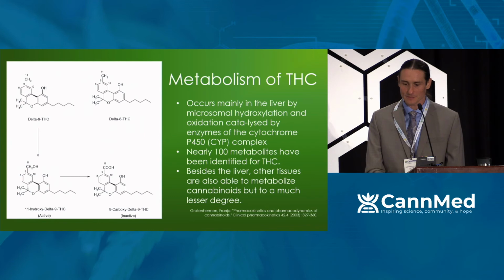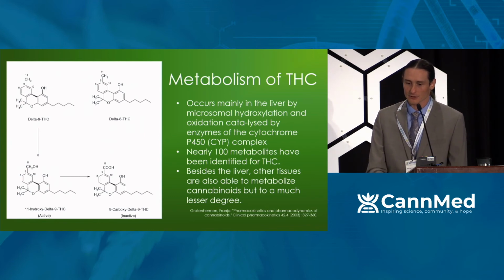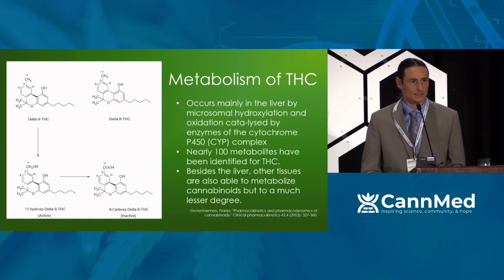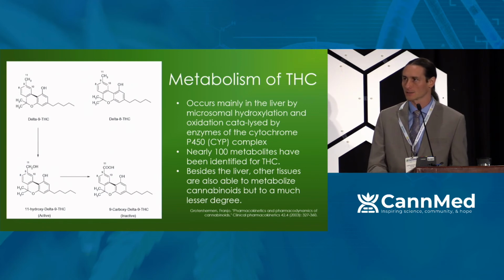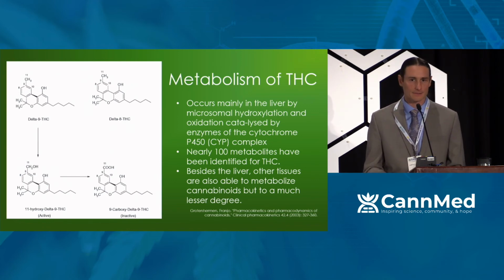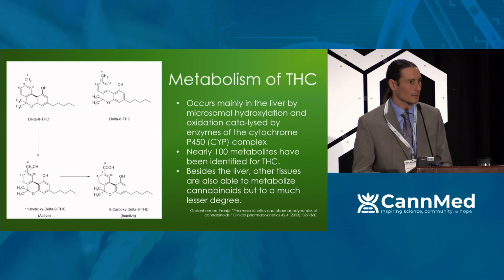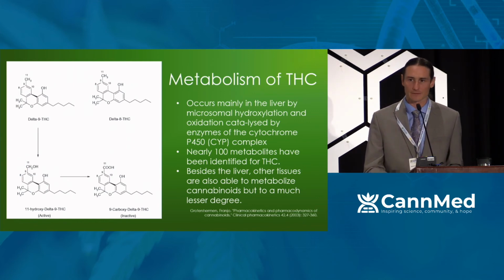So the metabolism of THC is mainly in the liver, but there's extrahepatic metabolism as well. And you can see, just as I've mentioned a few times here, there's an 11-hydroxy form that is an active metabolite. I think people assume that it's more psychoactive. It certainly may be that way for some, but I think it's just qualitatively different.